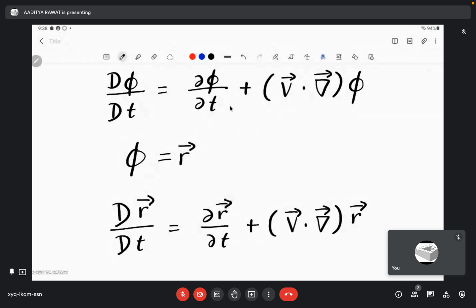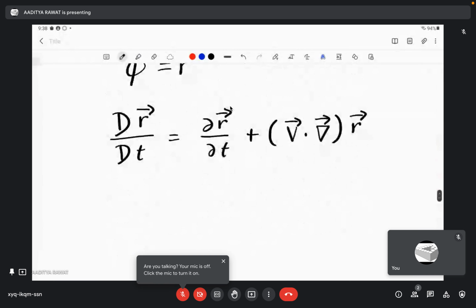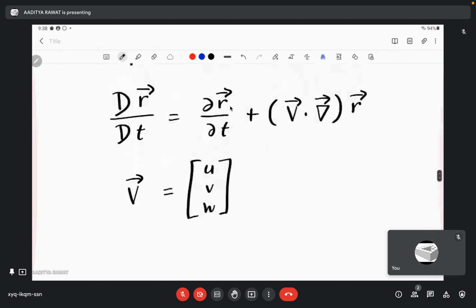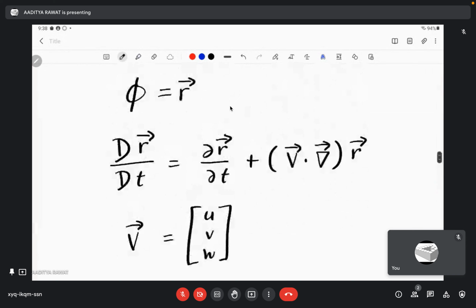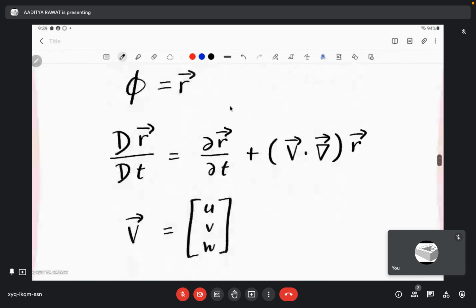Now let v, the velocity at a point x, y, z, be equal to u, v, w. These are the x, y and z components respectively of velocity. The reason I've taken this example is because the material derivative of the position vector with respect to time should give us velocity. So this should be a very interesting result.